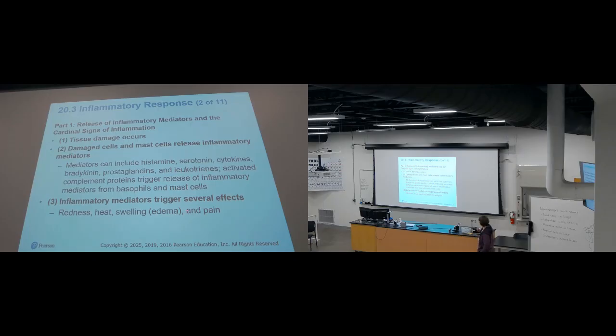Now, some of these cardinal signs, which are redness, heat, swelling, and pain, will be important for controlling, in this case, an infection. With redness, as you increase the blood flow into this area, you increase the local temperature, and that will decrease the growth of microbes. As well, you will be recruiting cells like neutrophils and monocytes that will become macrophages, and then you start fighting these bacteria.